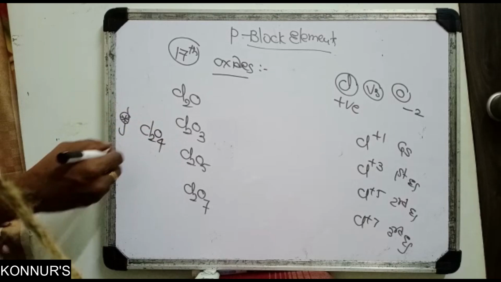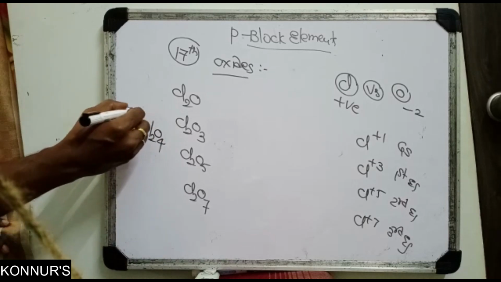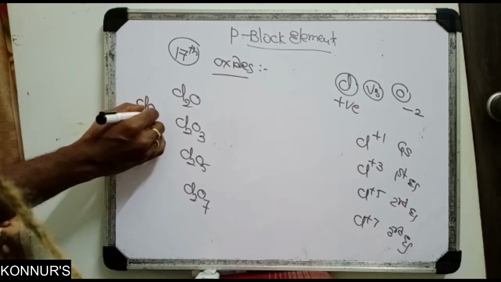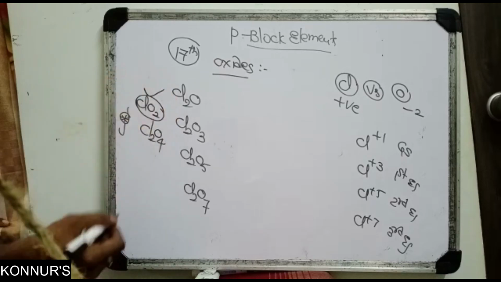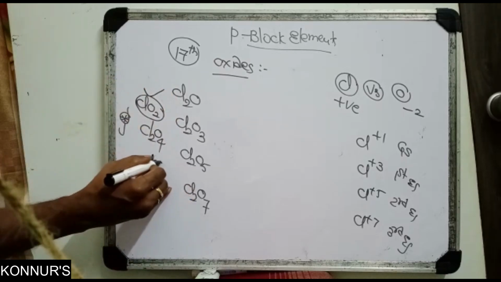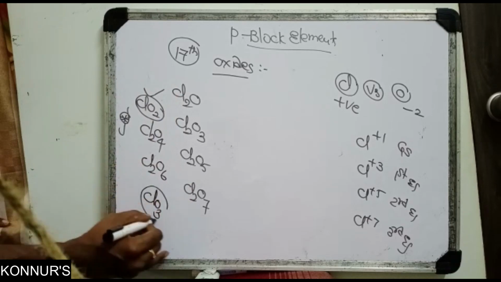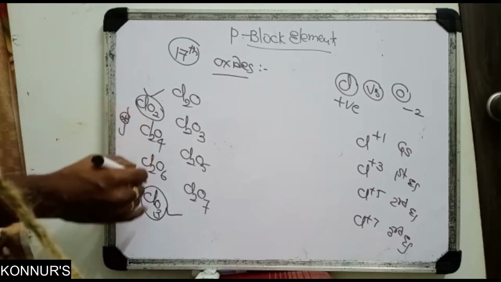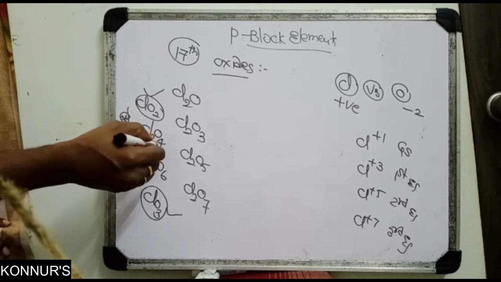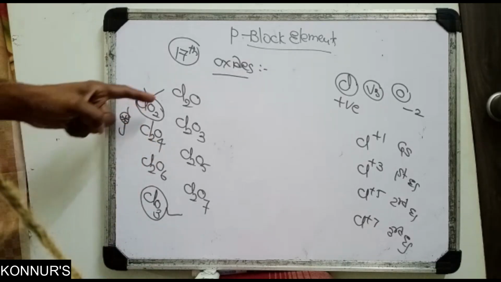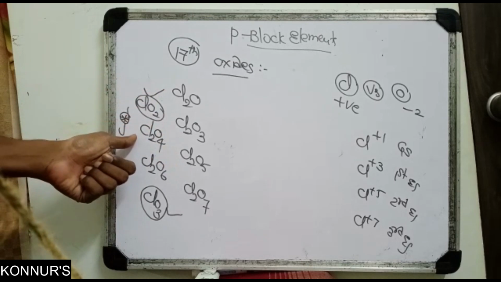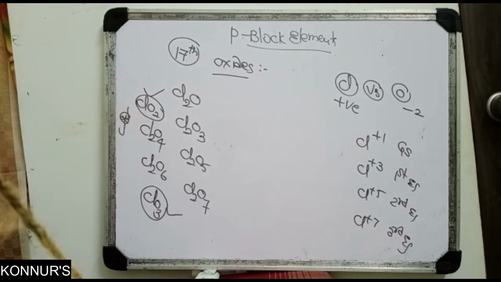Cl2O4 is nothing but ClO2, also possible in the middle. Cl2O6 is nothing but ClO3, also possible. So you remember these two are additional. According to oxidation state, these are here. Try to remember that also, that is possible actually.